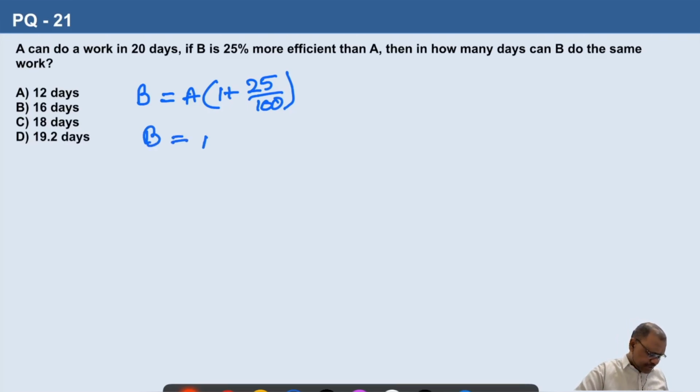B is equal to A into 125 by 100. If you simplify, 25 5s, 25 4s. So the ratio is B is equal to 5A by 4.